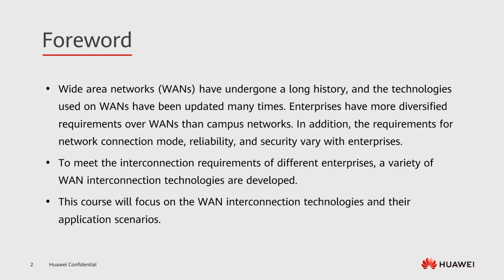Okay, so for this course, first we will focus on the WAN interconnection technology, and also the application scenarios, and we will also talk about how a company normally creates a WAN interconnection.